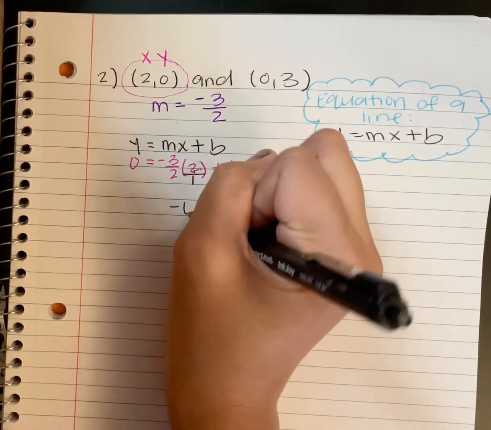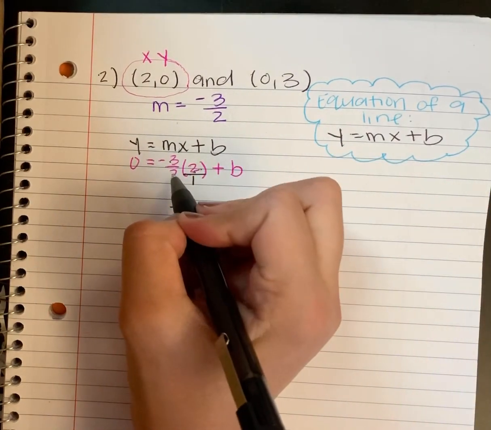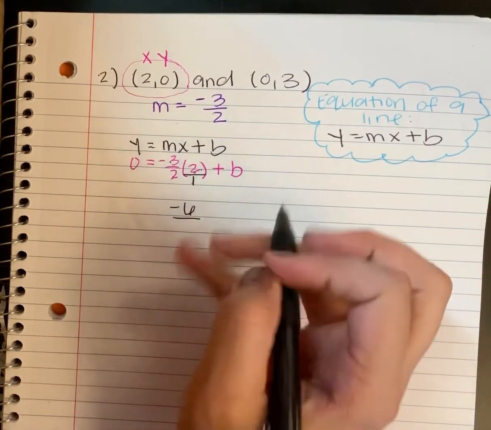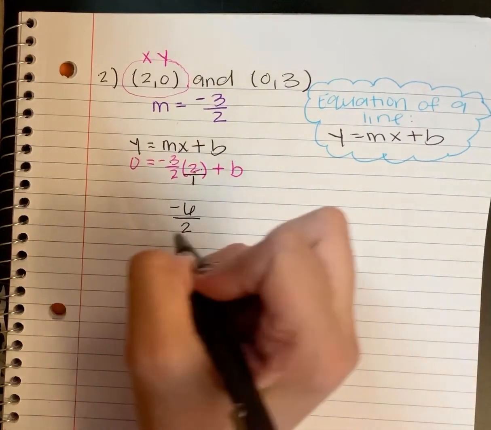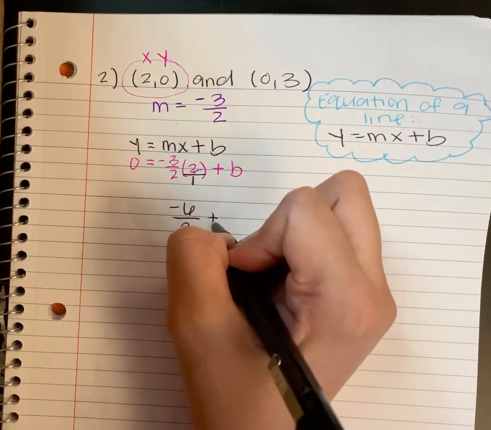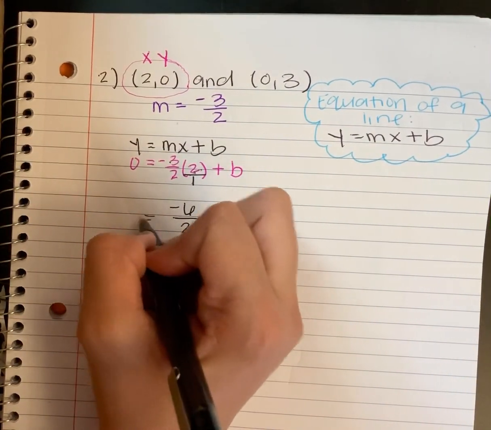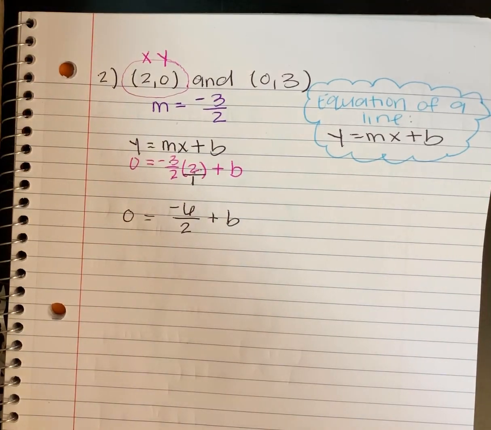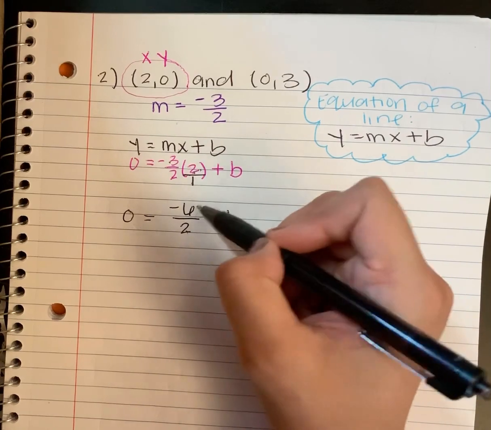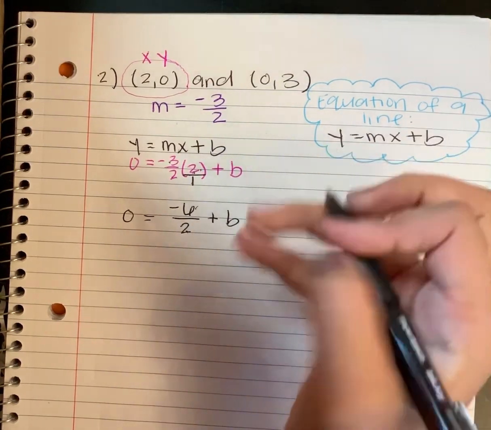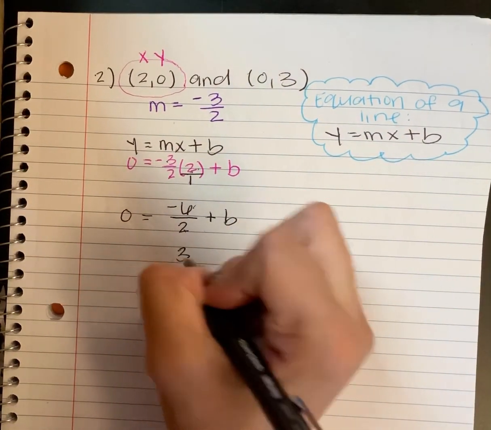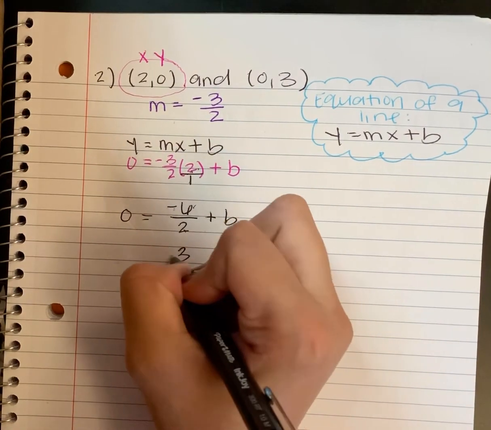That gives me -6. 2 times 1 gives me 2. Well, how many times does 2 go into 6? 2 goes into 6 3 times. However, we can't forget that we have a negative.